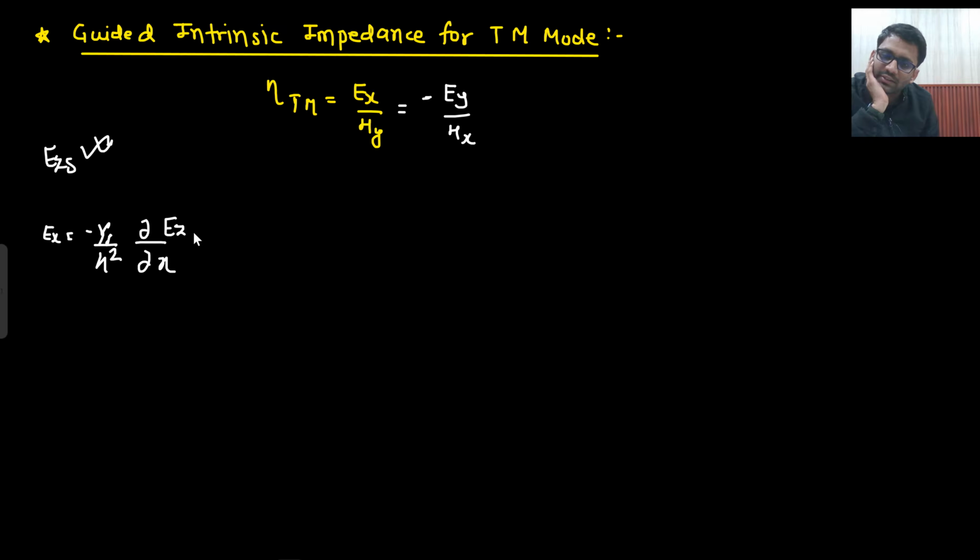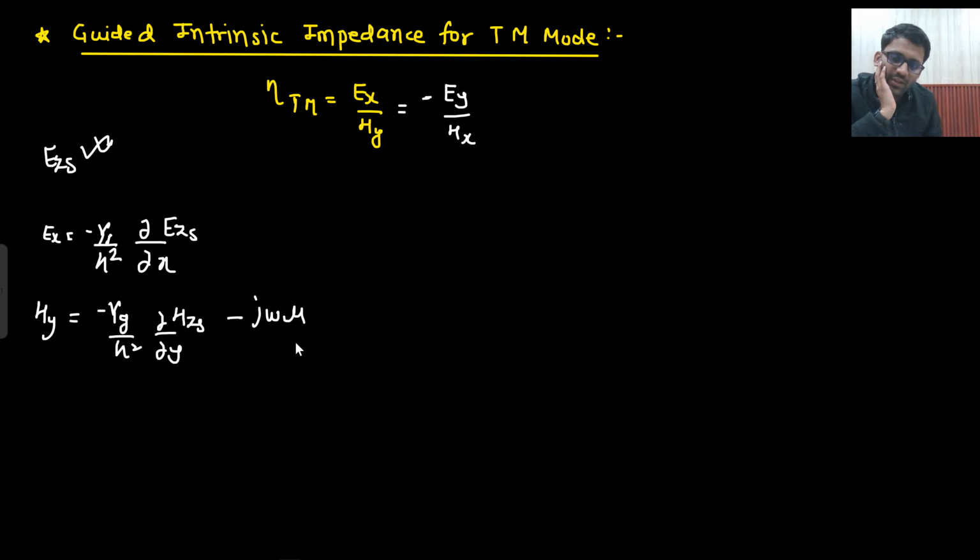And if I write down the Hy expression, so for Hy, minus gamma g upon h square, then del by del y Hz would come, then this would be negative, minus j omega mu upon h square del by del x Ez would come.